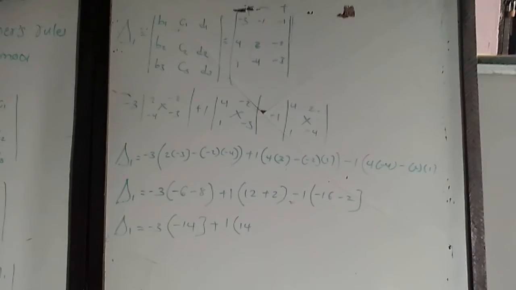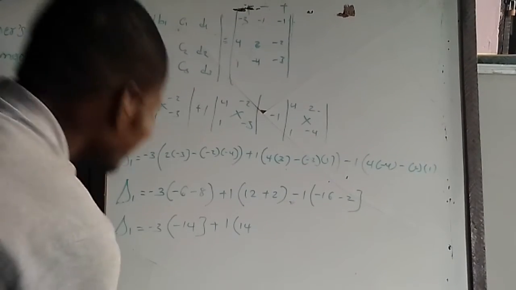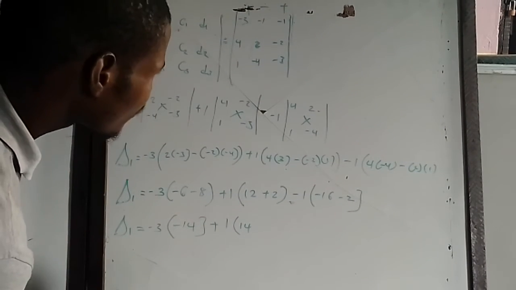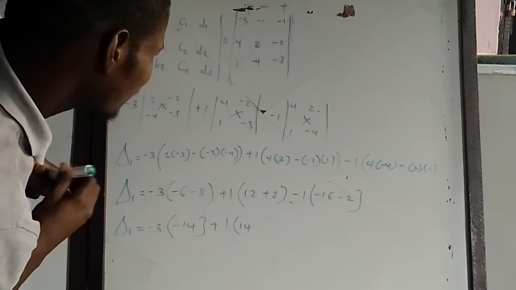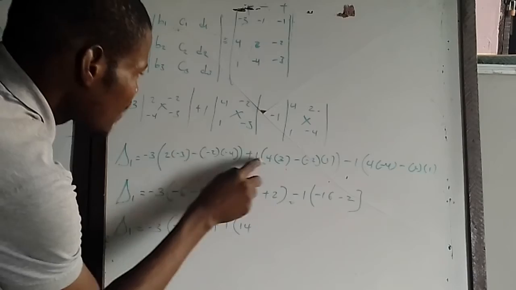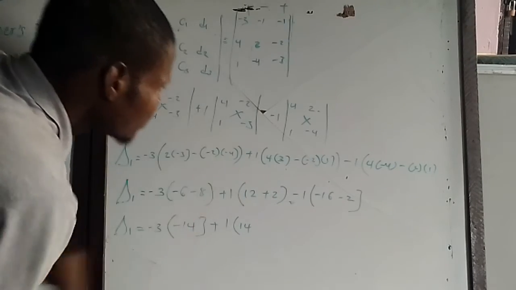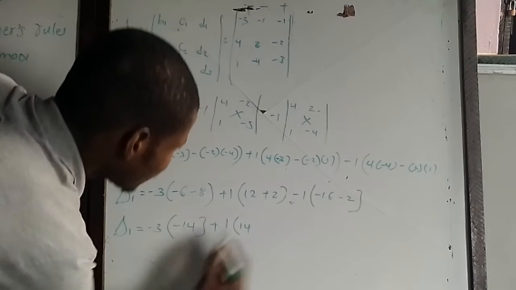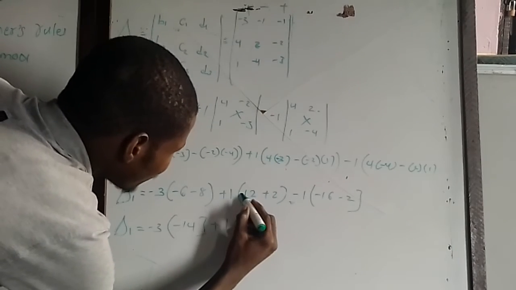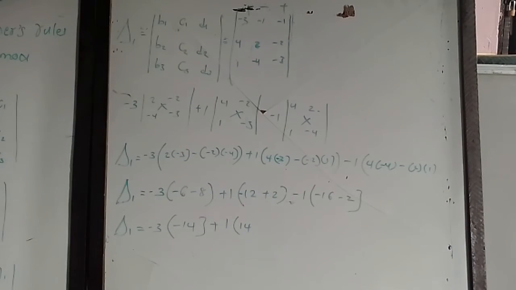So I think I made a mistake here. From this place I said 4 times minus 3, here should be minus. Then 4 times minus 3 will give us minus. Do you understand?